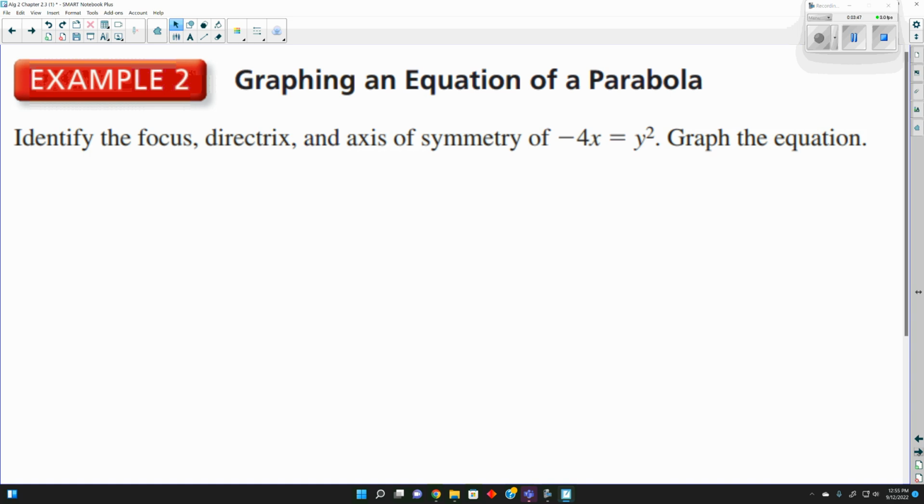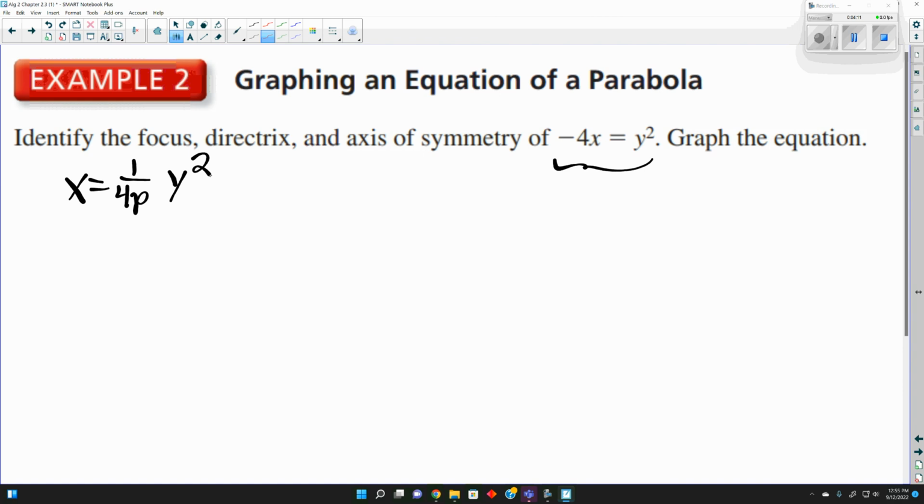Now, when we look at this here, we're trying to compare it to one of our 2 general examples. Now looking at this here, which variable is to the 2nd power? Y is, yes? So I would look at the general example to see which one has y to the 2nd power. Well, that'd be our x is equal to 1 over 4p y squared, yes?